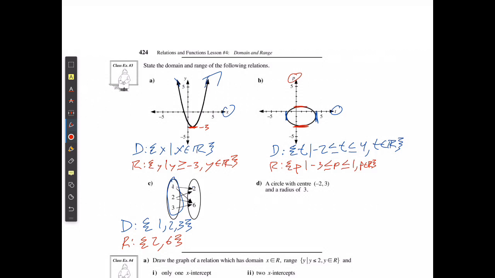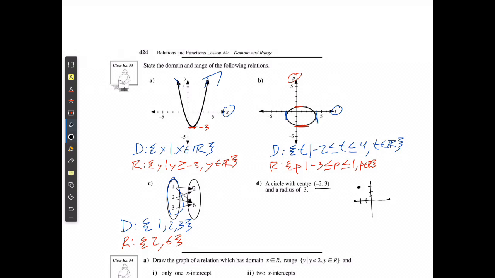D is a little trickier. For D, it might even be better if we just draw a little picture of what this would look like. If I have a circle with a center at -2 and 3, so I'm going to go left 2, up 3, and this is the center.